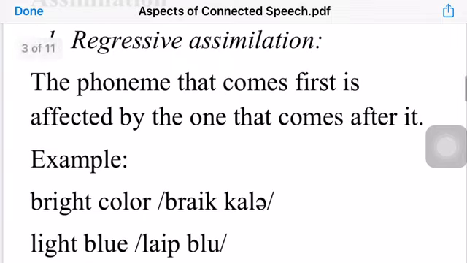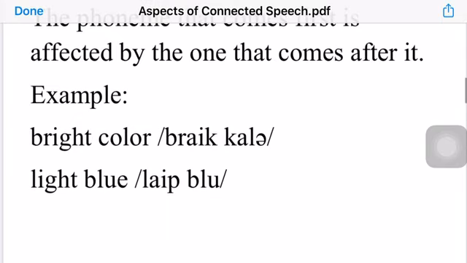So regressive assimilation takes place when a phoneme that comes first is affected by the one that comes after it. The first one becomes like the second one. So the change will move backward from the second back to the first one. That's why we call it regressive.